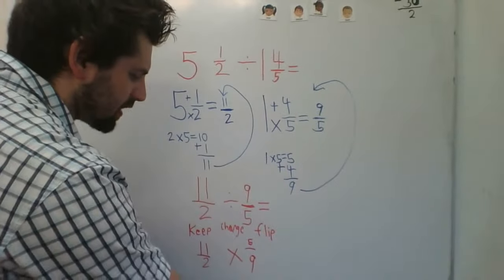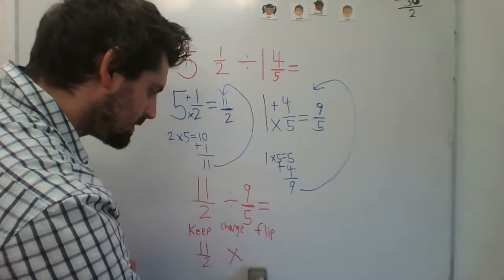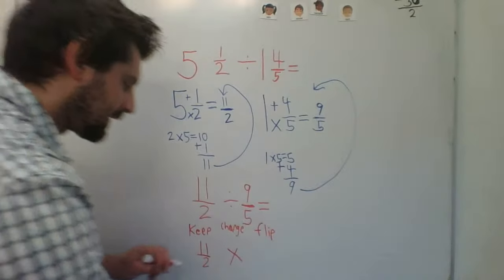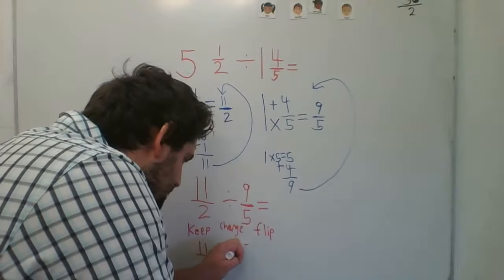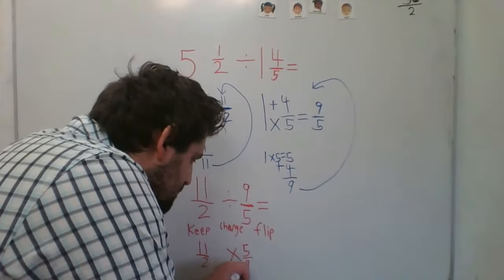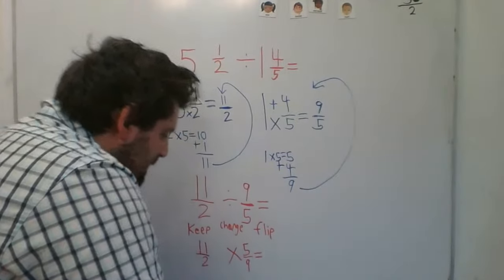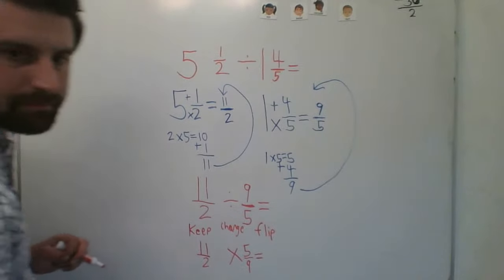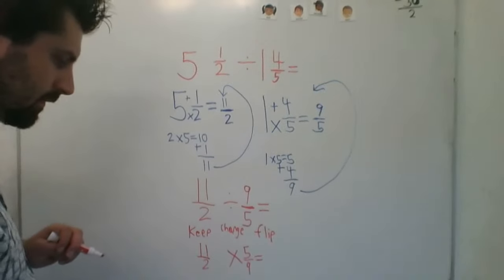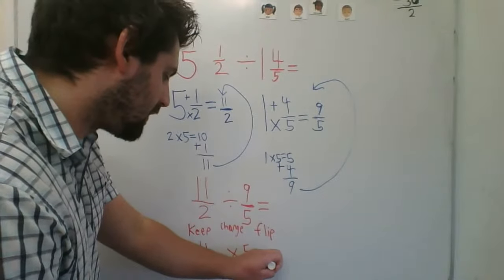Let me line those numbers up a little better for everybody. So now we simply multiply our numerators and our denominators.